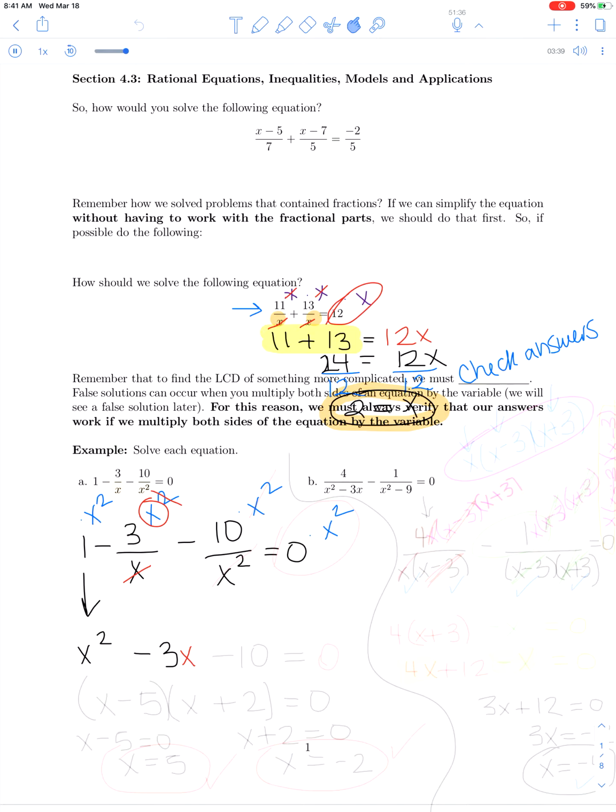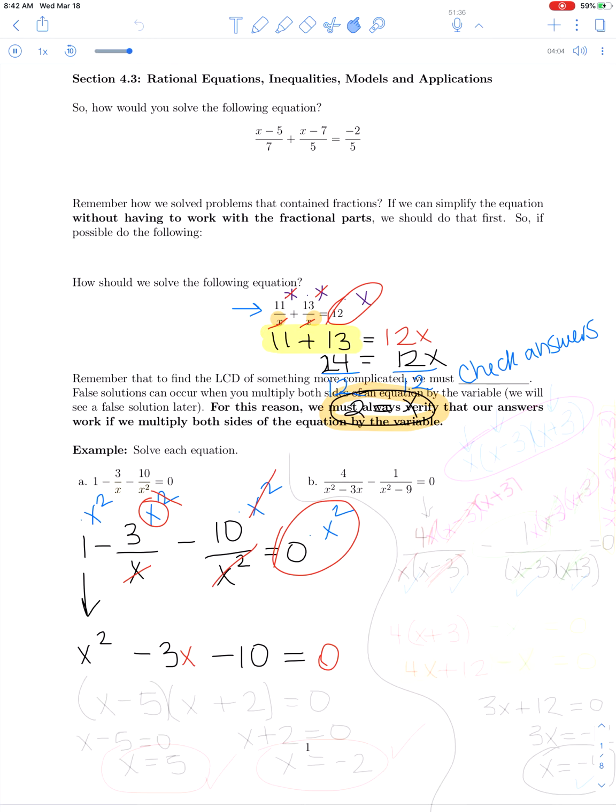On the last term here, we have our negative 10, but notice we multiplied by an x squared. That will actually get rid of the x squared that was on the bottom completely. So we're just left with the negative 10 equals what? Well, notice we have 0 times our x squared. Well, 0 times anything is just 0.